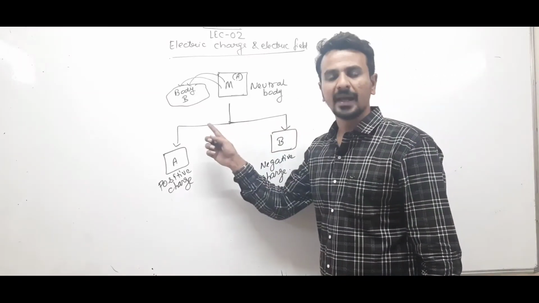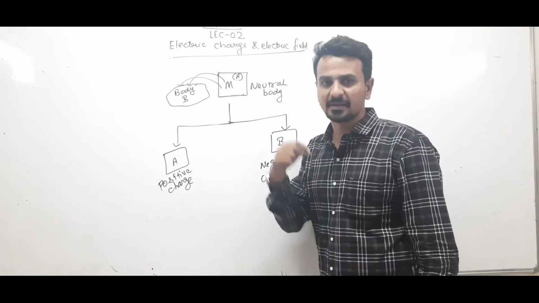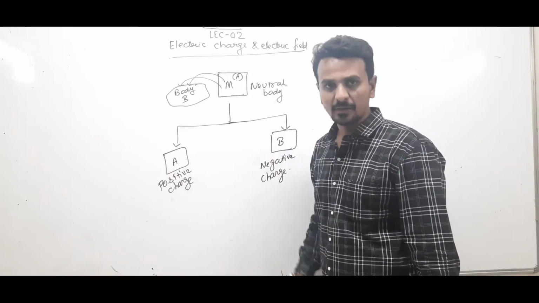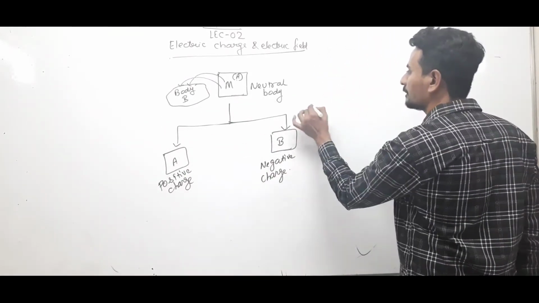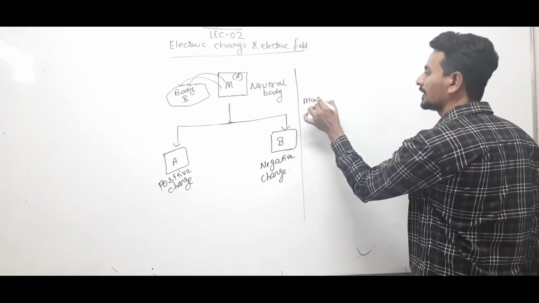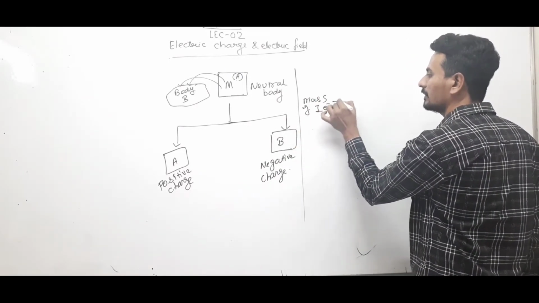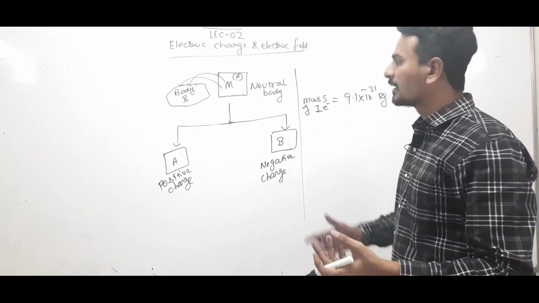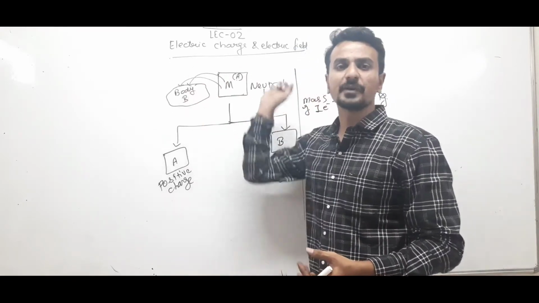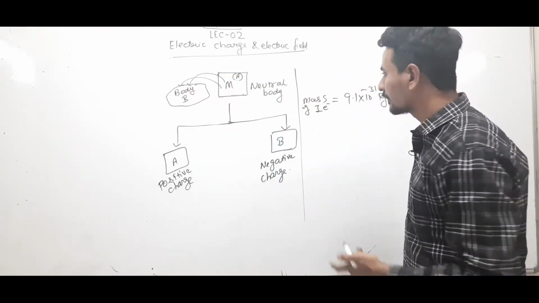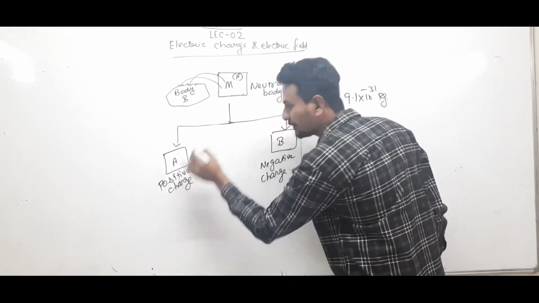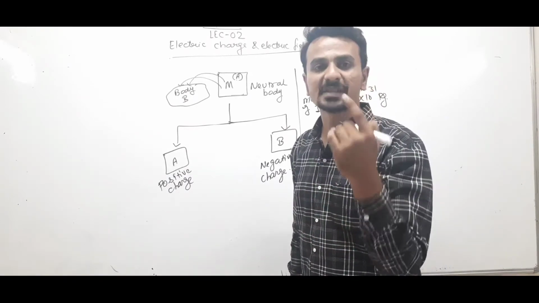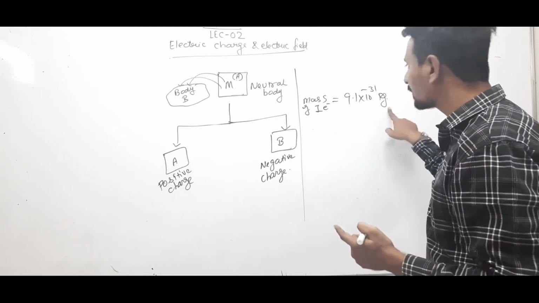Body A has lost some electrons, or rather we'll say that body A has transferred a few electrons to body B. Now we know that the mass of one electron is 9.1 into 10 raised to minus 31 kilogram. Let us say that n number of electrons are transferred from body A to B. So the positively charged body has lost n number of electrons.